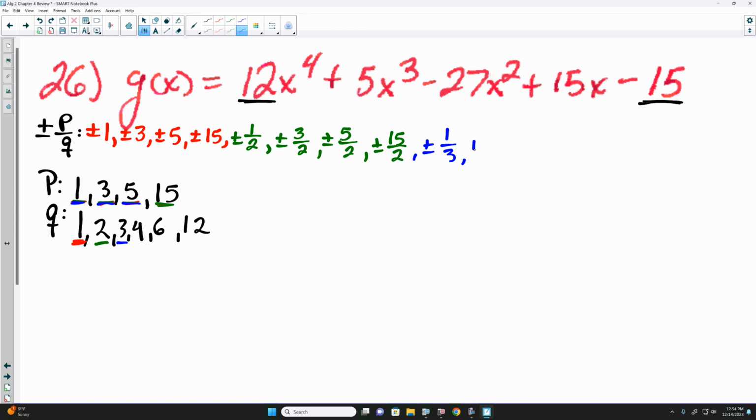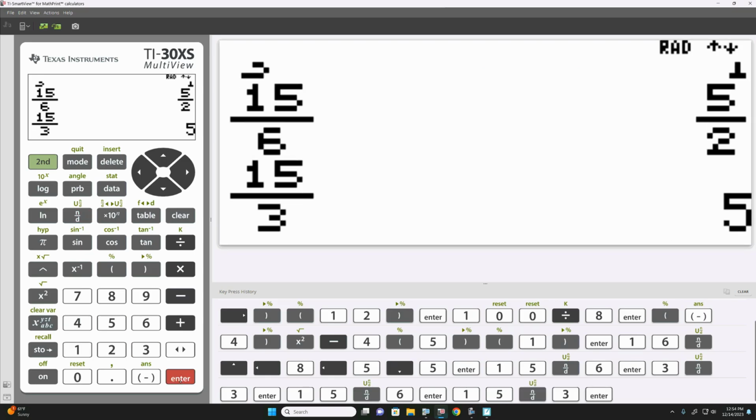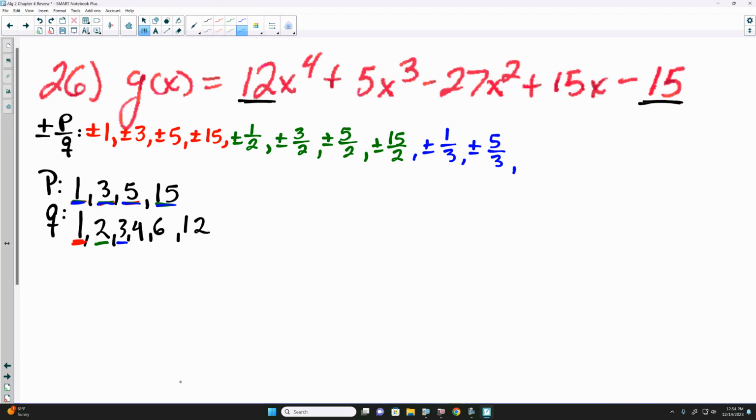No, so we'd have plus or minus 5 over 3. And then the last one, 15 over 3, does reduce to 5. 5 is already listed, so we don't have to do it again.